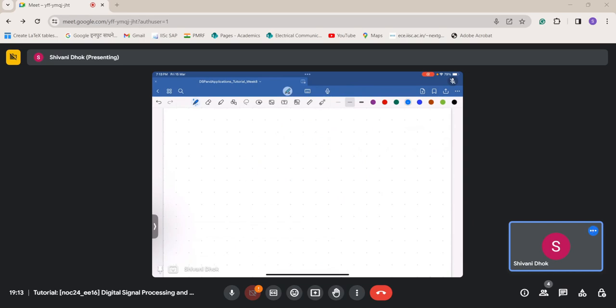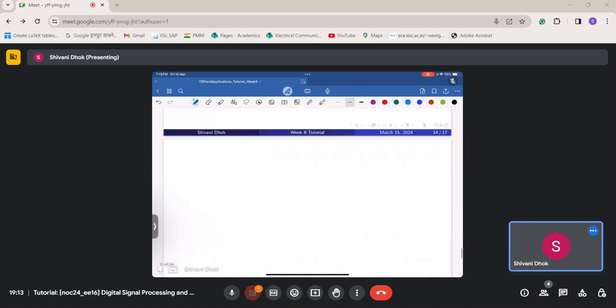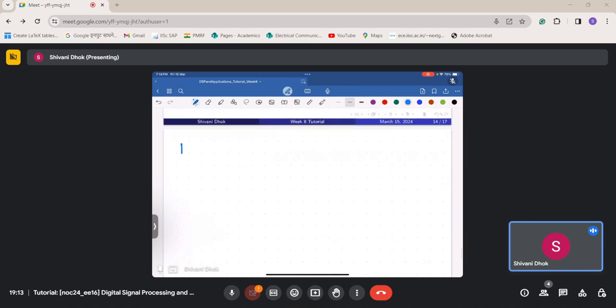Now another part of the question is to find the filter transfer function. This filter transfer function, we saw, is h analog of s, which is equal to omega c to the power n upon the product of k running from 1 to capital N of s minus sk, and for our case this will be omega c to the power 16 divided by the product of k running from 1 to 16 of s minus sk.